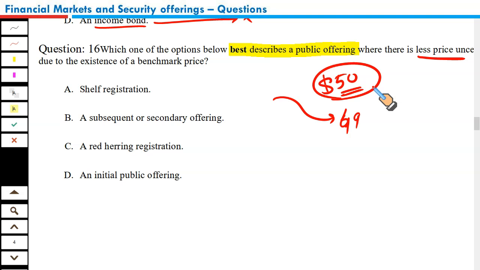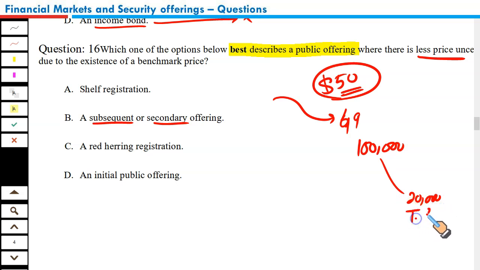Now, what is the difference between subsequent and secondary? Pay full attention. Let's say I have 100,000 shares outstanding. Out of these, I purchased 20,000 shares. These shares are called treasury stock. Most of you have qualified Part 1, so you would know that when the company purchases its own stock from the market, these are called treasury stock. Now, listen.